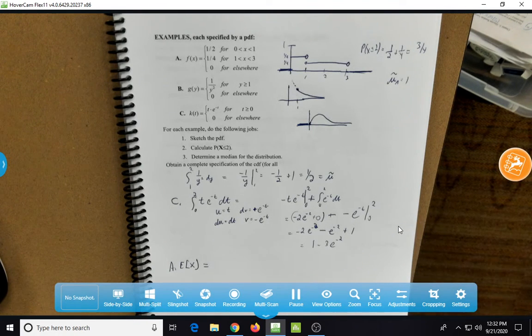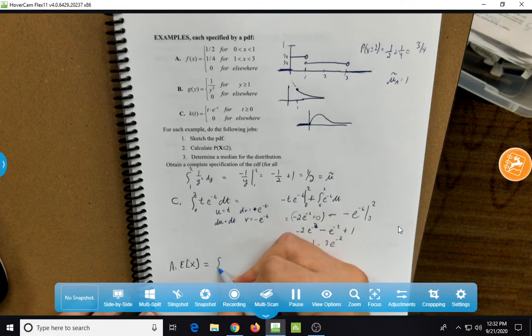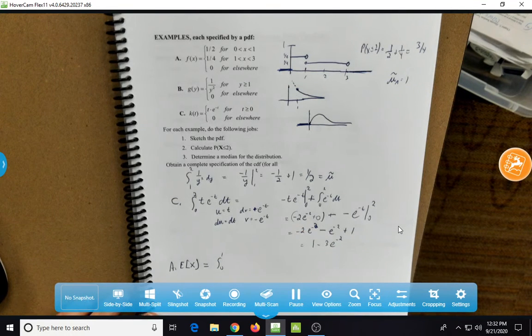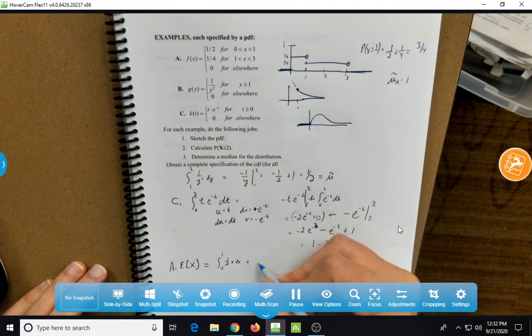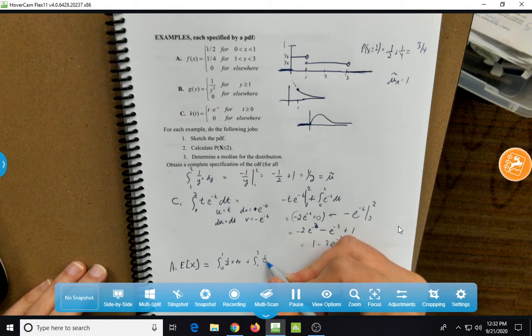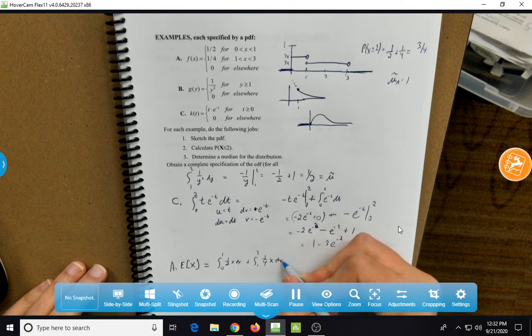Essentially, we're going to have to split this up into two integrals. So what's the first integral going to be? From 0 to 1 of 1/2 x dx. Very good. Plus 1 to 3 of 1/4 x dx.